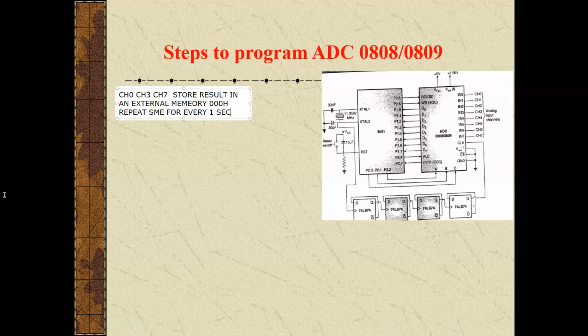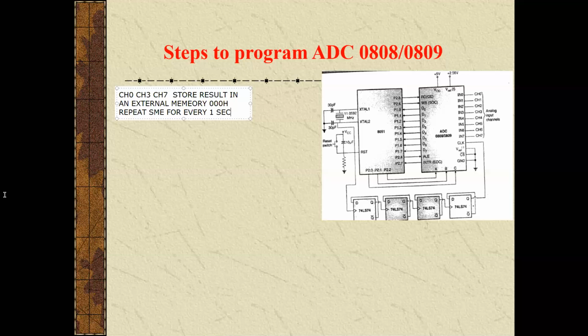After latching the address, we wait 2.5 microseconds to enable the start of conversion pin, and then wait for the conversion process until the high signal appears at the end of conversion pin.